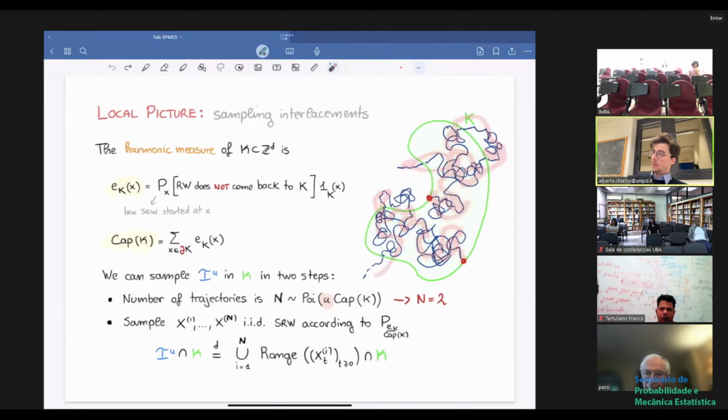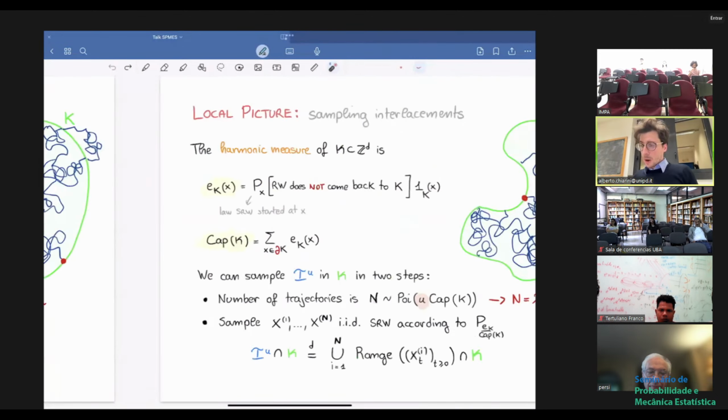And the intersection of the trajectories of these two walks with K is the interlacement set in K. So there is this idea of coming back many times, and that's why I have the harmonic measure here. This gives the local picture of random interlacements.